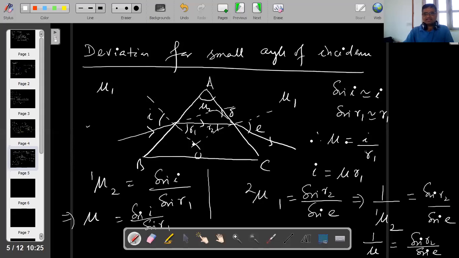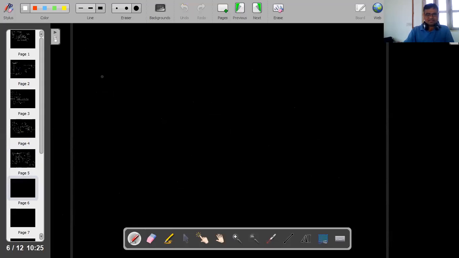R2 and E are very small. Write down: as R2 and E are very small, therefore 1 by mu is nearly equal to R2 by E. So E is equal to mu R2. Therefore I can write here what?